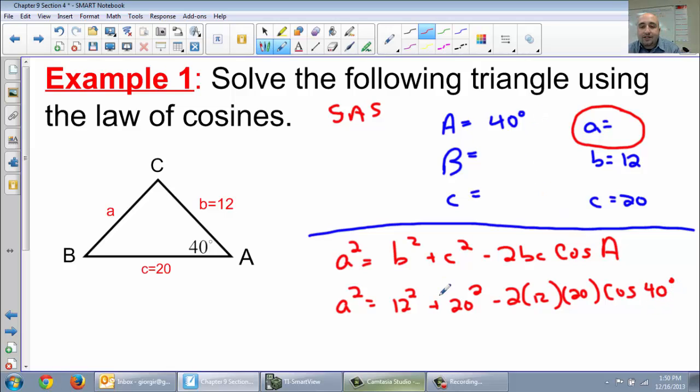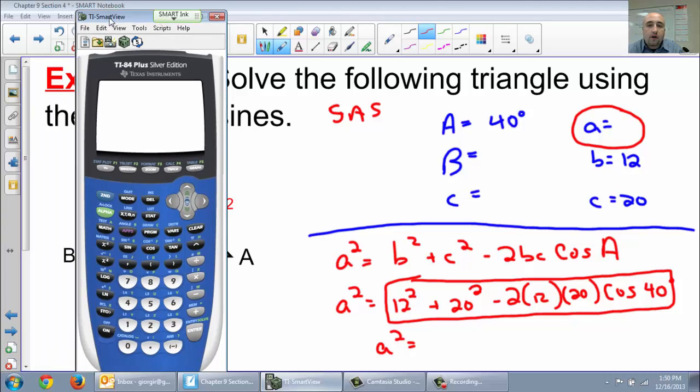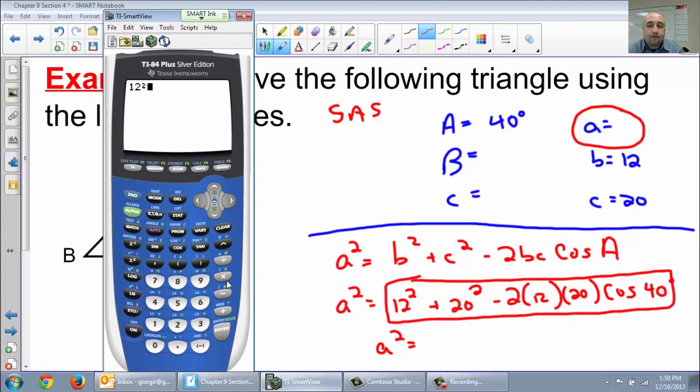The side angle side is nice because all I have to do is type all of this information right here onto my calculator screen, and it should give me the correct answer for a squared. So I'm going to do that right now. 12 squared plus 20 squared minus 2 times 12 times 20 times cosine of 40.